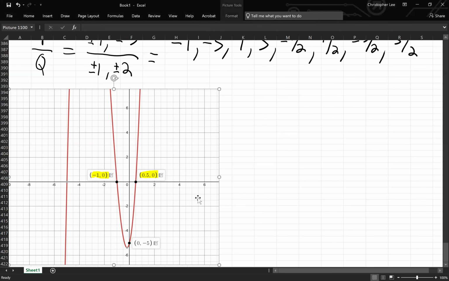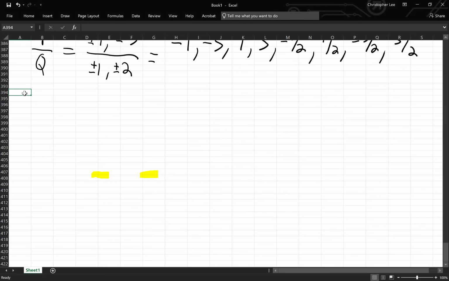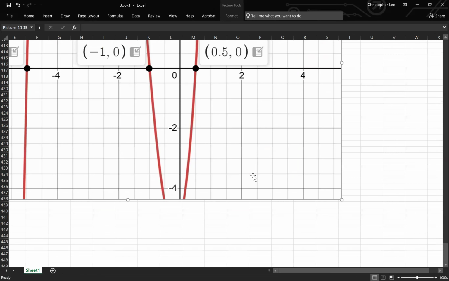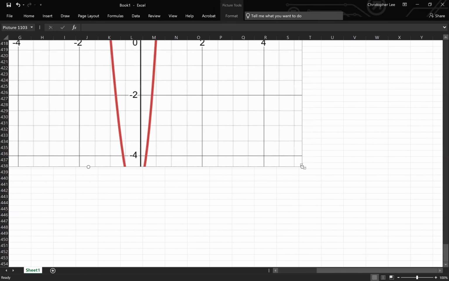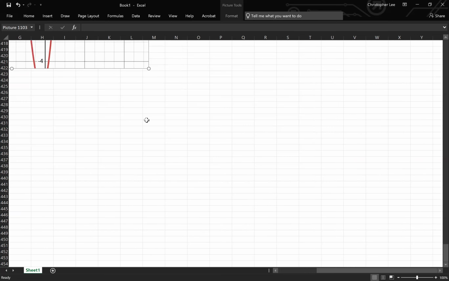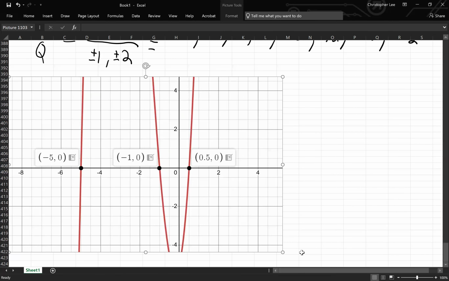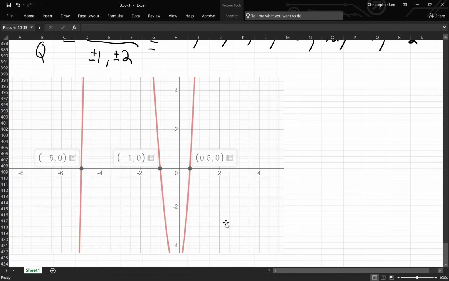Okay. Bear with me one second. All right. So turns out I was able to graph and find all three points.